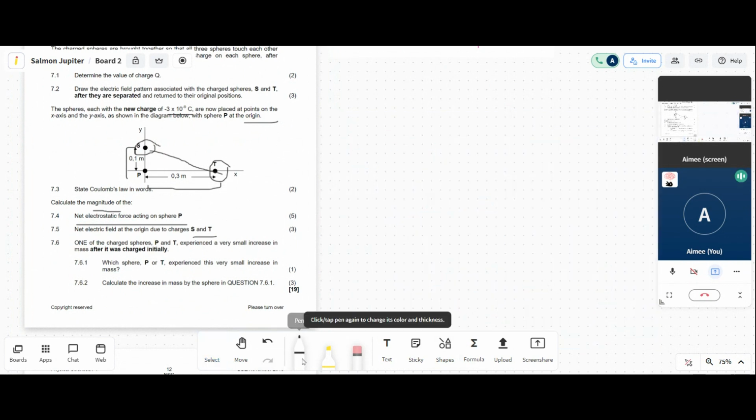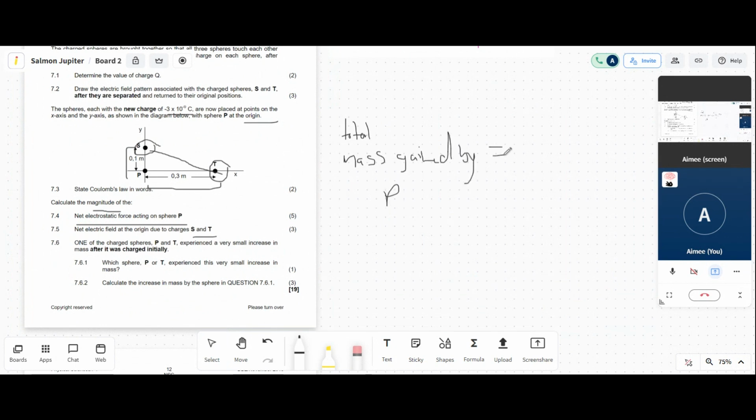So there's another formula, and this formula says that mass, or total mass gained, equals the number of electrons, which is what you just calculated, multiplied by the mass of an electron.